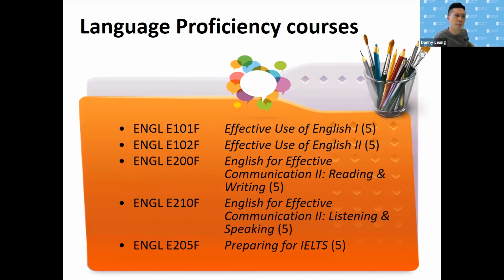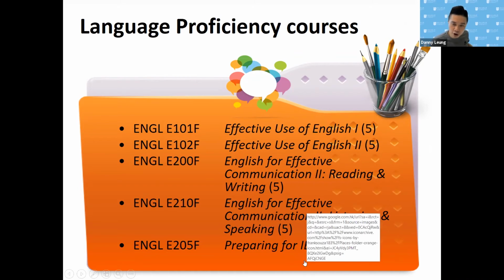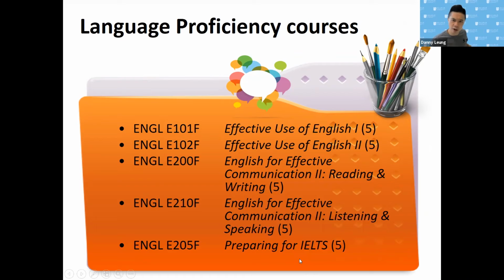As I've just mentioned, some examples of the language proficiency courses are reading, writing, listening, speaking, and the course I've just mentioned, which is preparing for IELTS. We won't ask our students to do IELTS in year 1 or year 2, but in year 3 or year 4. Why? Because by that time we are more confident in your English proficiency.